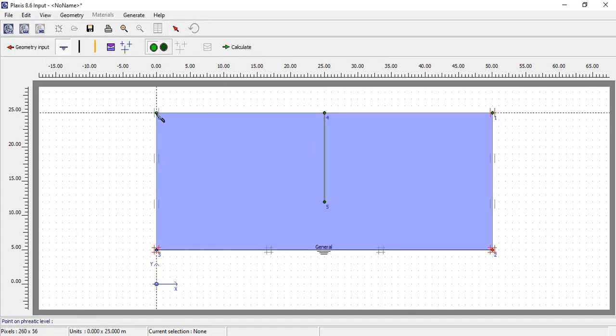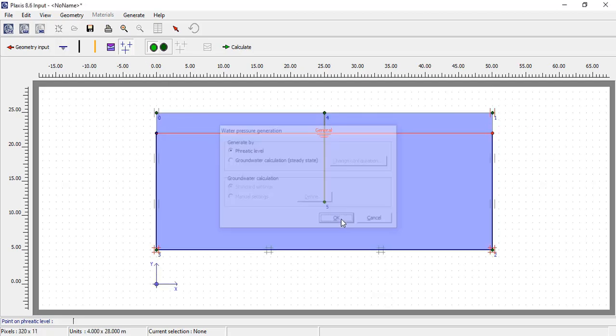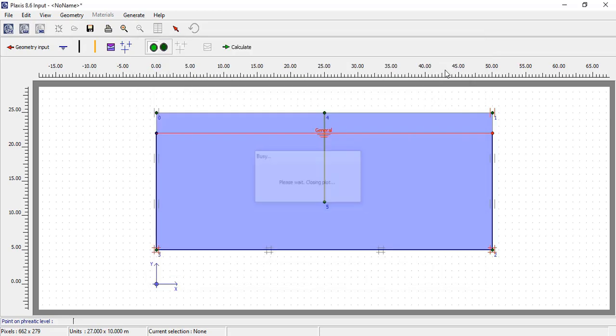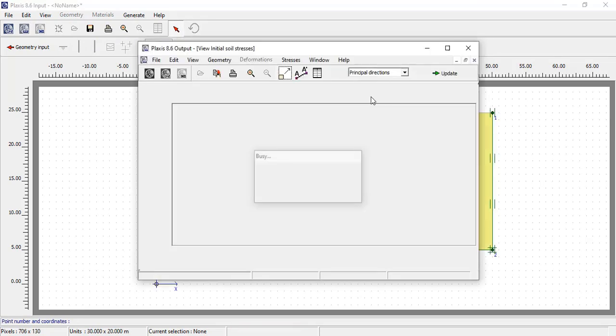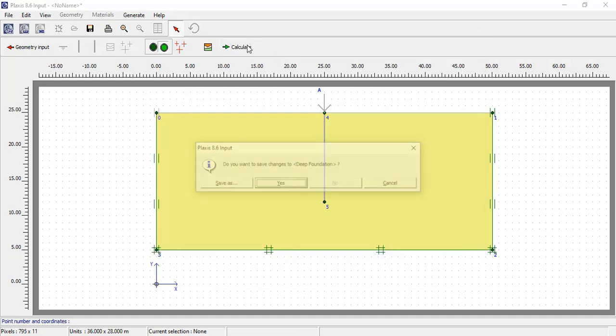Press generate. Generate the water pressure for my water level. Update the initial stresses, then update and calculate.